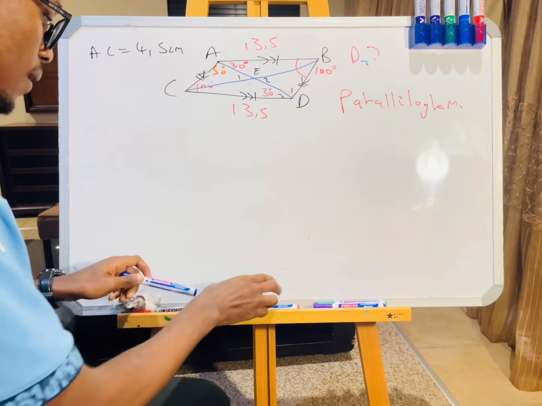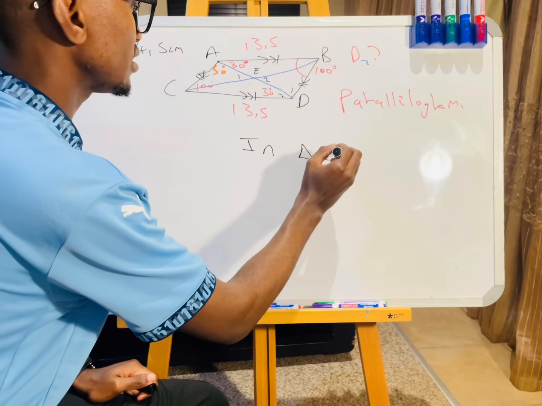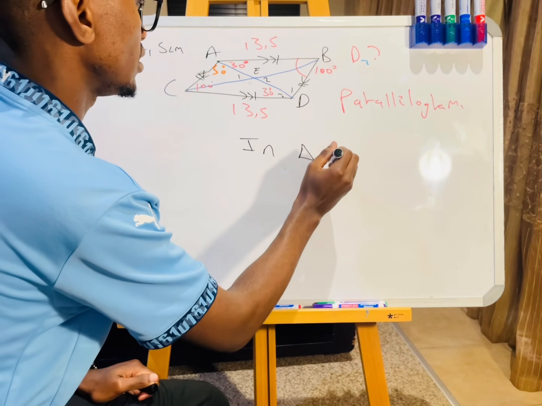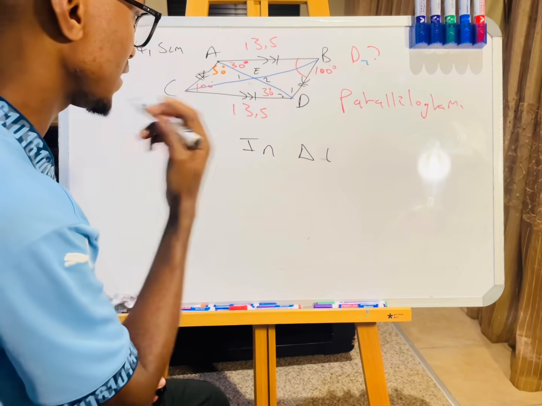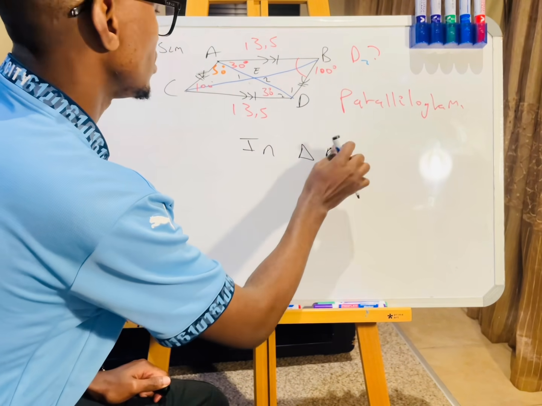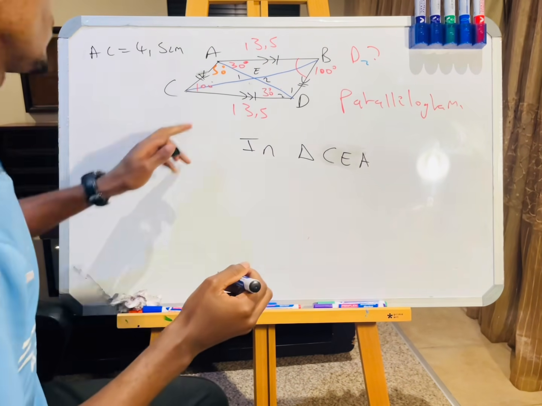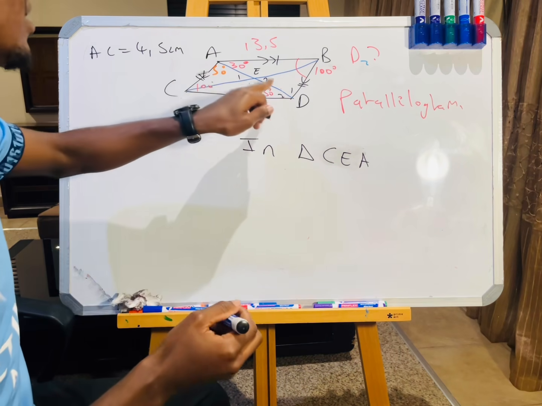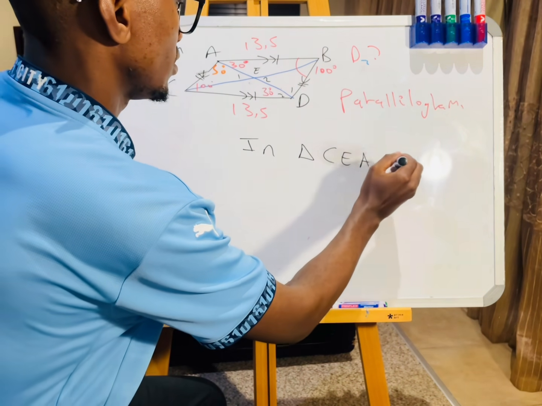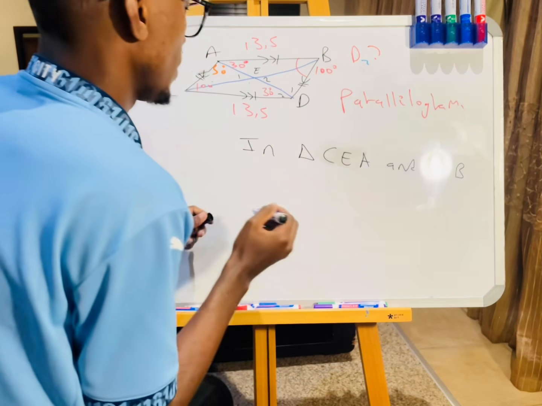So we're going to say, in triangle CEA, because I feel like it's CEA, and DEB, yeah.